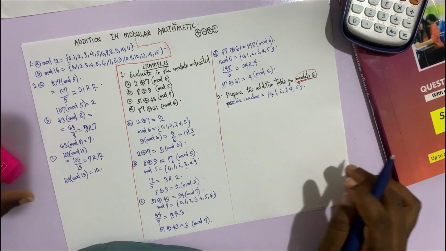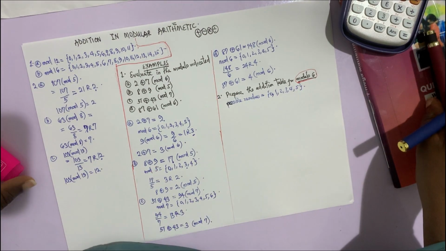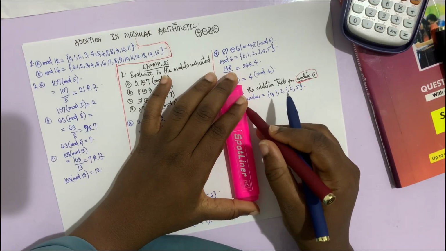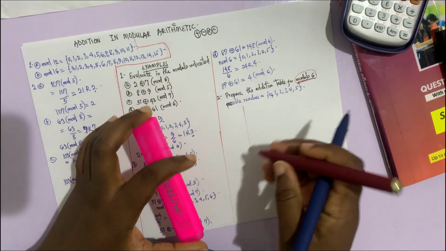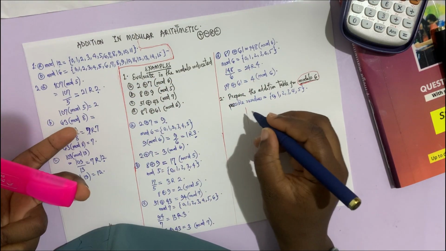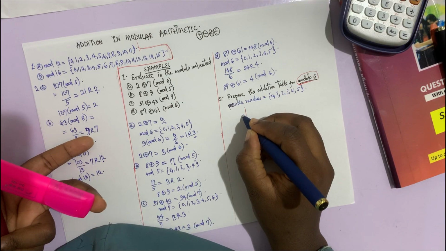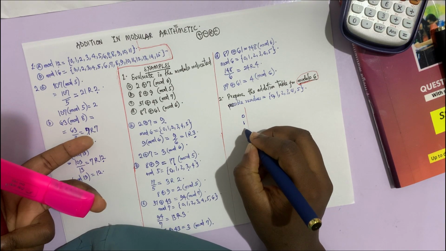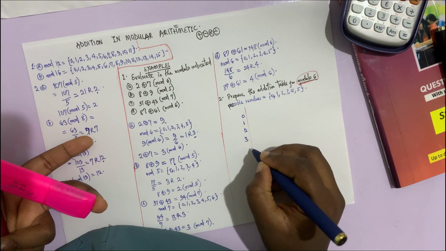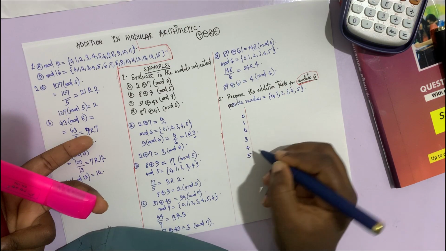So we create a table such as this, and then we write each of these values 0, 1, 2, 3, 4, 5.